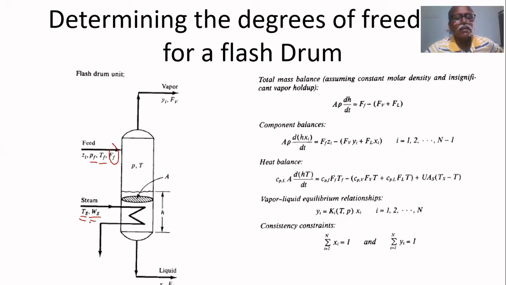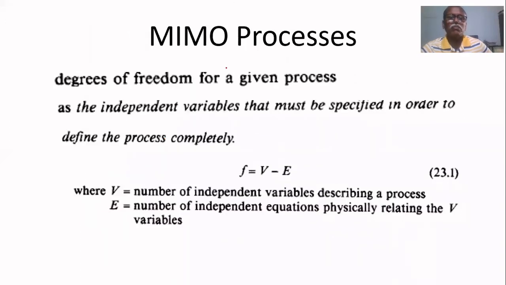These are all inputs. Here, the vapor flow rate. Similarly, here, the liquid flow rate from the bottom product. These are all outputs. So, in a flash drum unit that we have here, many inputs and many outputs. This is an example of a MIMO process.